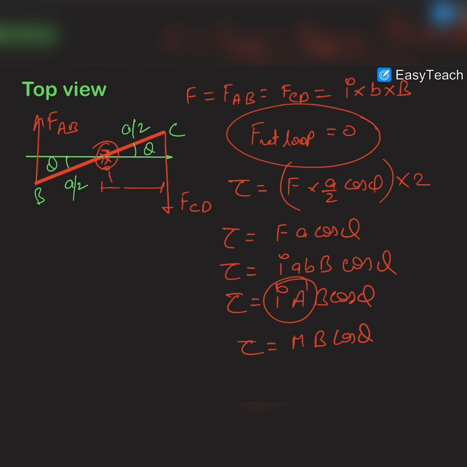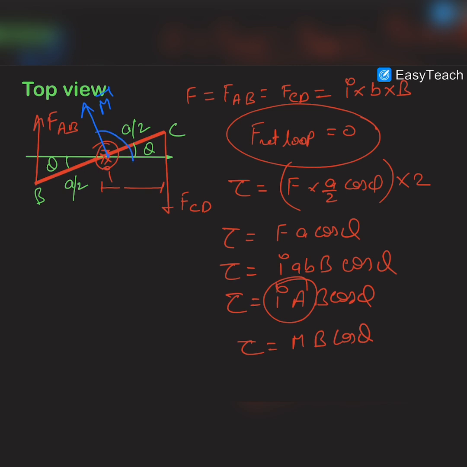Now if we draw the direction of m, you will see that m will be in this direction, like that. The magnetic moment will be in this direction, because magnetic moment is always in the direction of the area vector, which is perpendicular to the loop. And the angle between the magnetic moment and the magnetic field is this one.